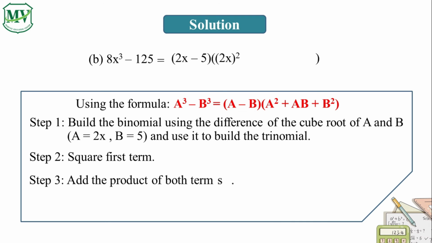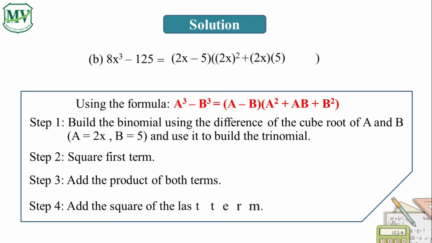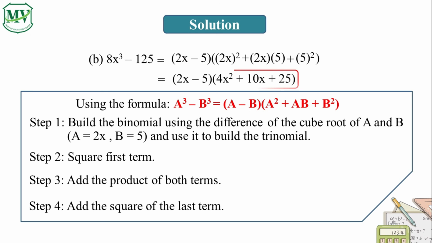Next, add the product of both terms. Lastly, add the square of the last term. Therefore, the factors of 8x cubed minus 125 is the quantity of 2x minus 5 times the quantity of 4x squared plus 10x plus 25.